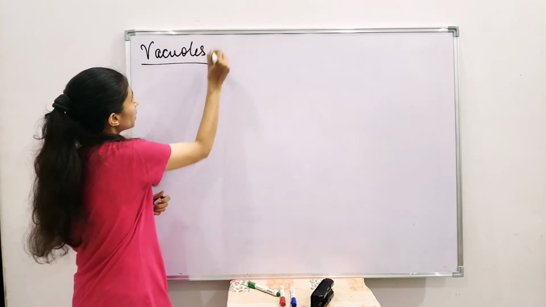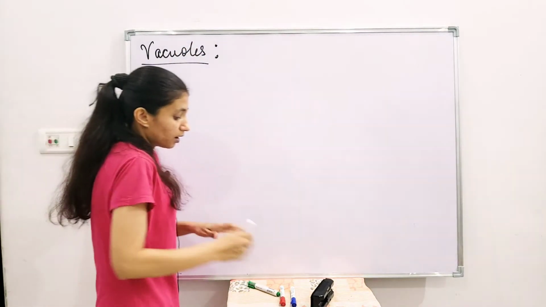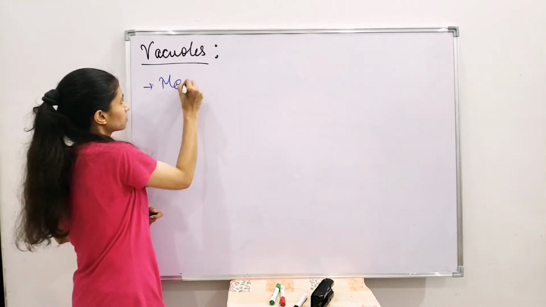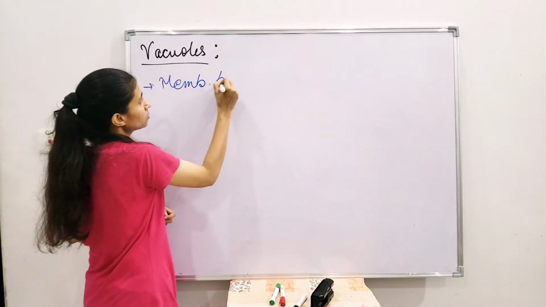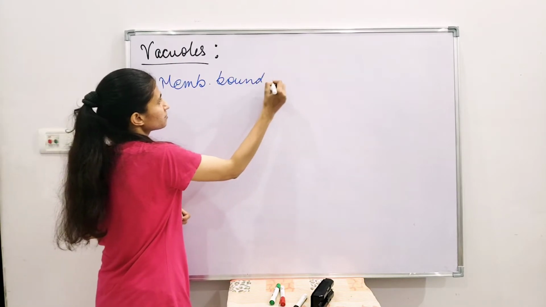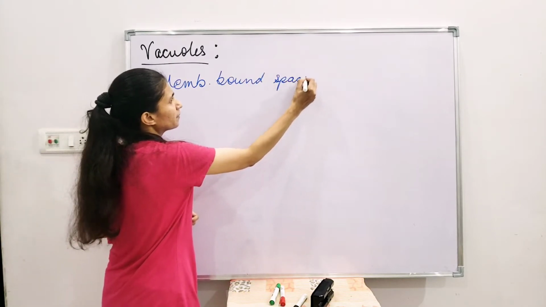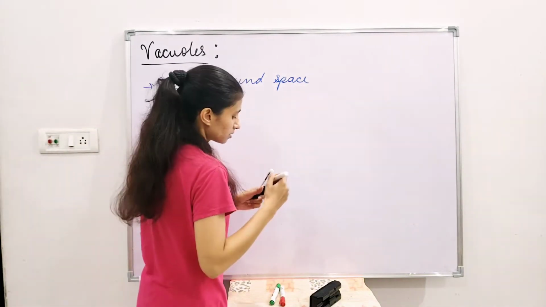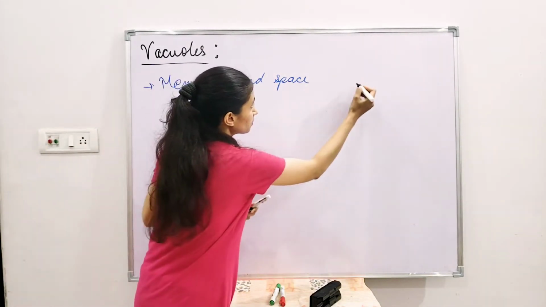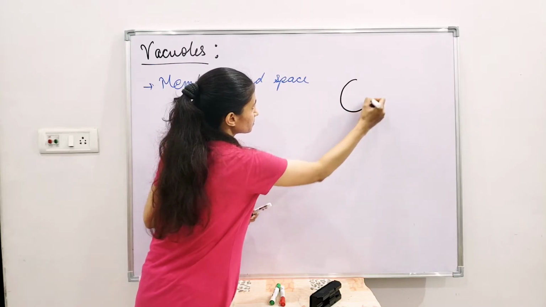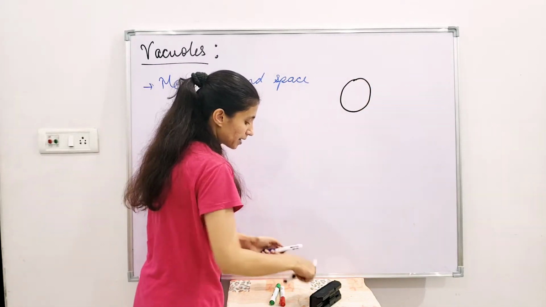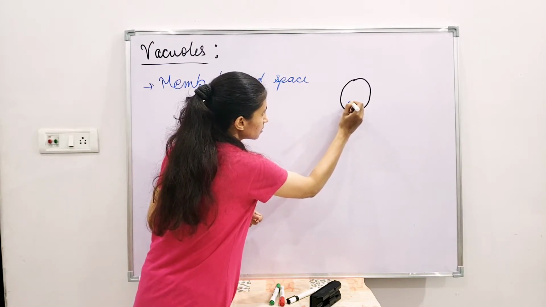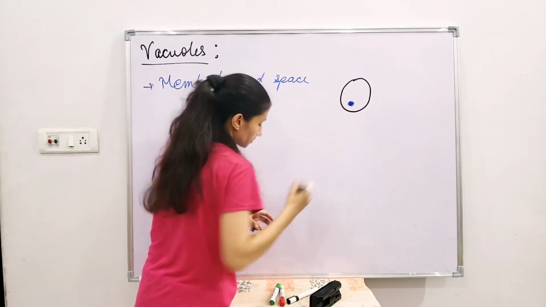Now what are these vacuoles? Vacuoles are basically membrane bound structures, membrane bound spaces, you can call them. If you look at the structure of the vacuole, it is like this, and in between it contains a central vacuole.